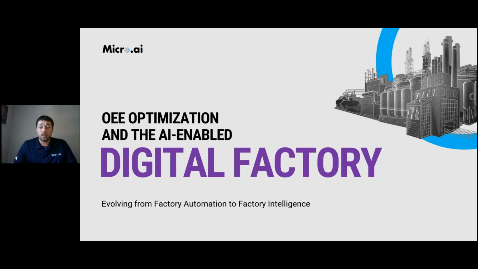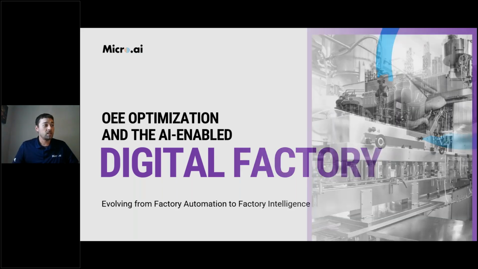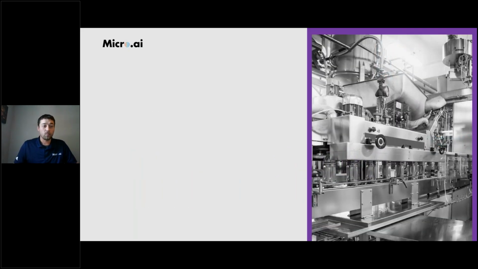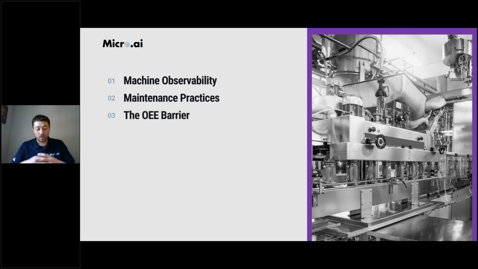So without further ado, I'd like to go ahead and get started on our OEE optimization and AI-enabled digital factory webinar. Today we're going to be discussing the following points. We will be discussing machine observability, maintenance practices, and the OEE barrier. These are problems that we have noticed throughout the manufacturing and production facilities that we've been involved with over the years, and a lot of the issues that are being faced currently with facilities all over the world.